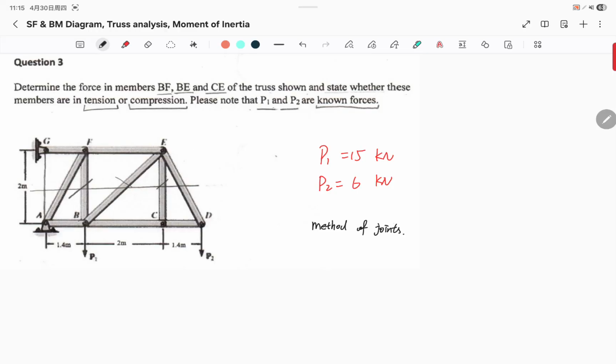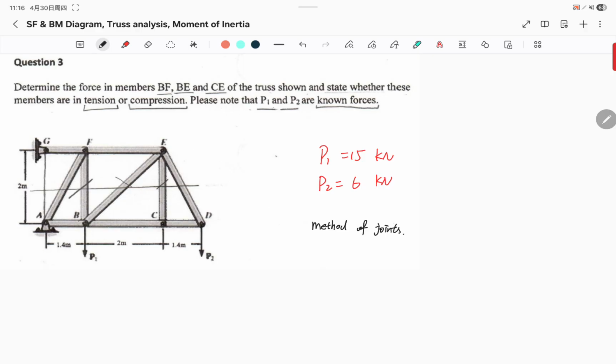Now we can do this problem, the truss analysis, and the method we're gonna use is called the method of joints, meaning we're gonna start at, I'm not gonna say a random joint, but a well-educated guess joint, and draw the free body diagram of this joint and find the forces of its members. Then we flip the direction of the member force and move on to the following joints, all the way until we get what we want.